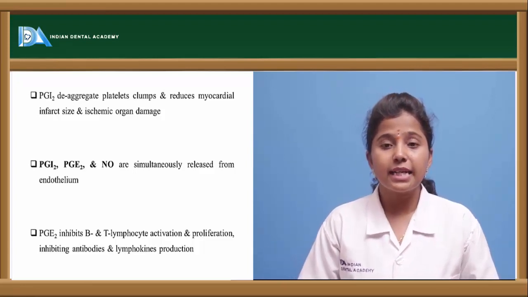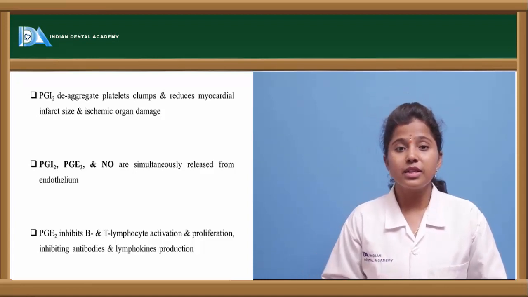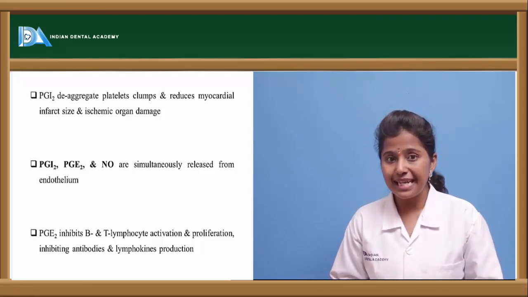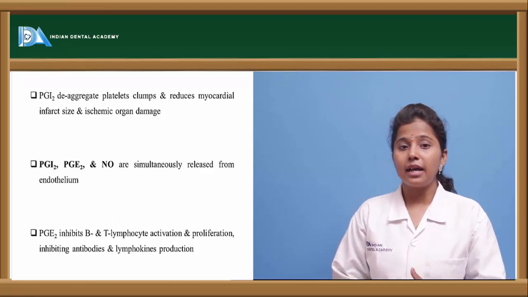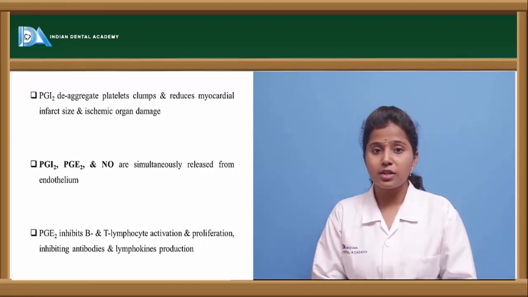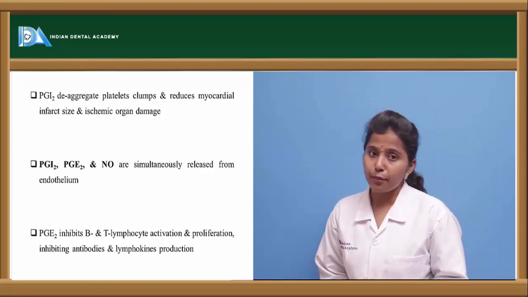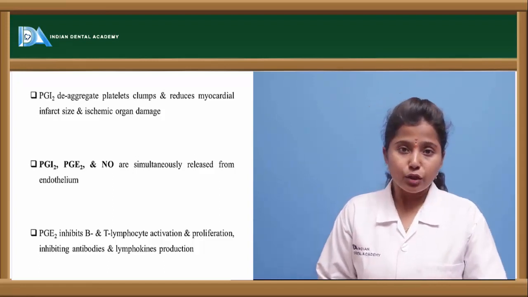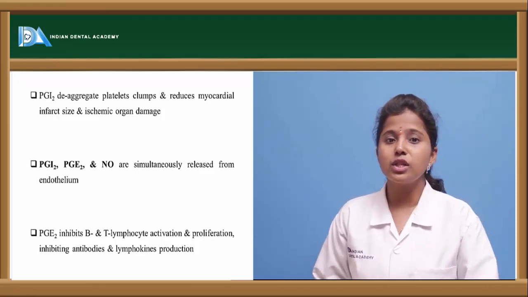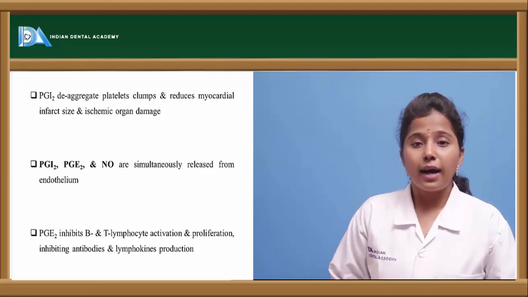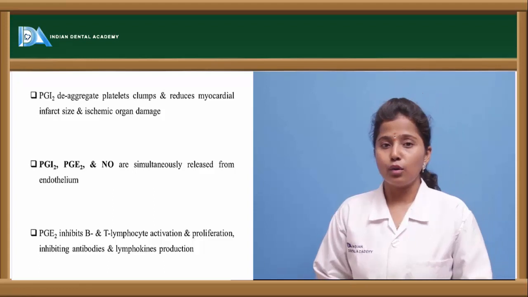Because of that, nitric oxide, which is a potent vasodilator, when released in the body, causes vasodilatation, and thereby the vascular smooth muscles are dilated and the blood flow will be normal. But over secretion or over synthesis of these prostaglandins may cause increased vasodilation, which leads to hypotension, which is not recommended for a patient or for a normal human being.